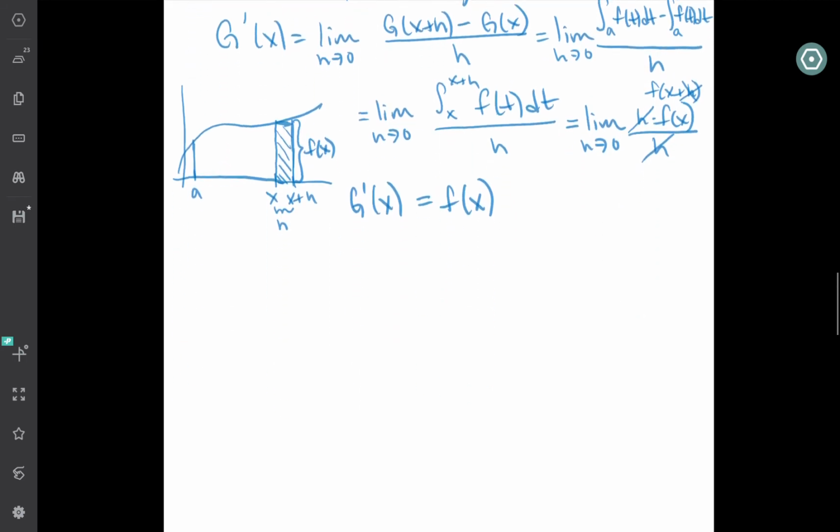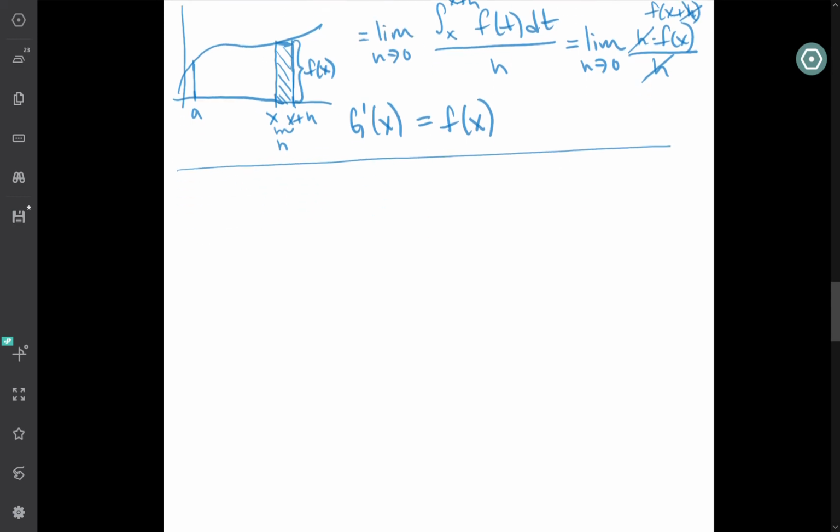I do want to sidetrack really quickly because I promised I would. You may or may not care. But we claimed earlier, and I didn't verify it, that the integral from a to b of little f of t, I'm going to stick with my t's, is the same as taking big F of b minus big F of a, where big F is any antiderivative.